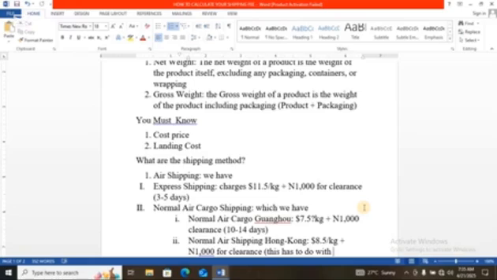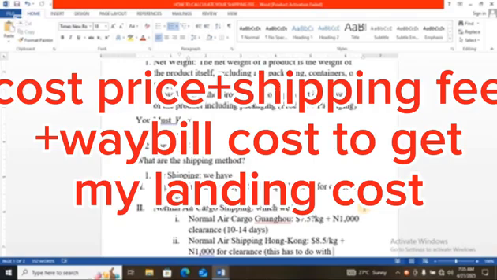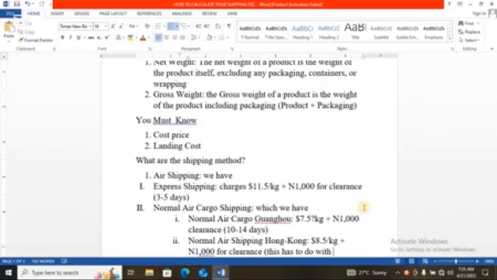After paying my shipping fee, I will need to send it to someone, although the company also has a waybill. So we chat with the waybill department and they ship it down here, the waybill is down here in Abuja. So it's important that when I'm calculating my product, I should be able to add the cost price of that product, the shipping fee of the product, the waybill fee of the product.